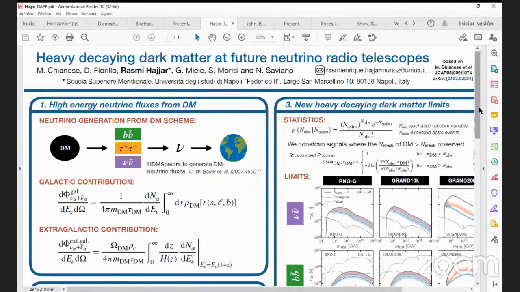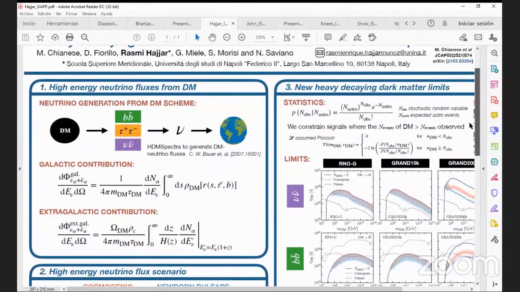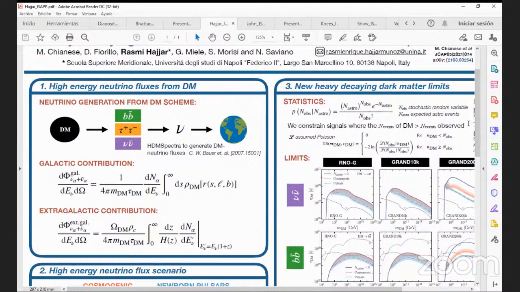The galactic one contains the two dark matter parameters for a neutrino flavor alpha, and also the neutrino spectra for that flavor. And rho DM is the dark matter halo profile. In this case, we choose the Navarro-Frenk-White profile.